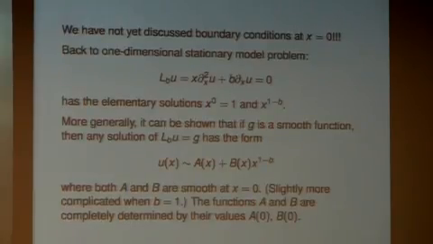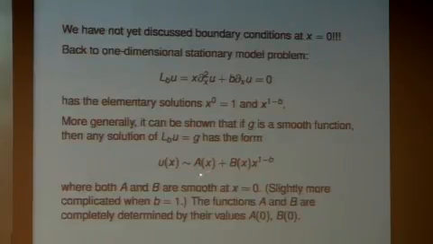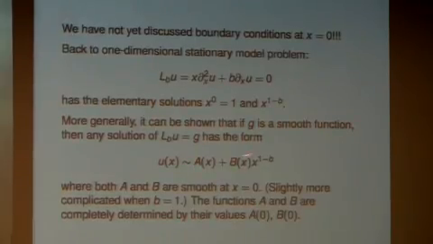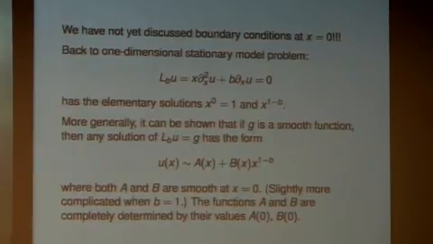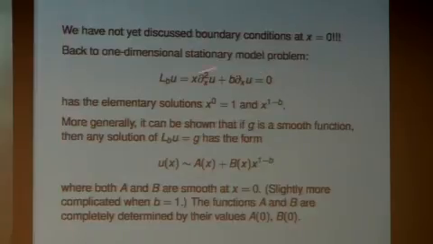What's true about these types of asymptotic expansions is that if I know what the leading coefficients are, if I know what A at 0 and B at 0 are, then I can determine the whole Taylor series. How does that work? Suppose I plug in the Taylor series for A and the Taylor series for B times x to the 1 minus b, and substitute it into this equation.